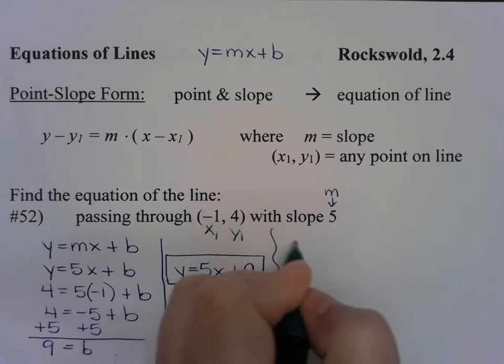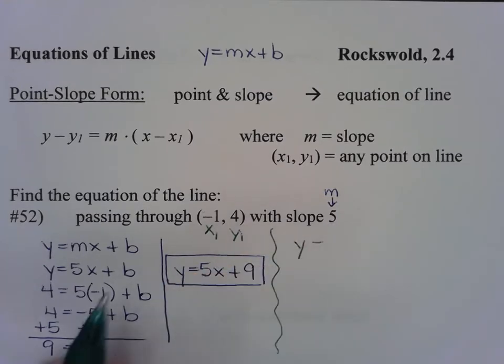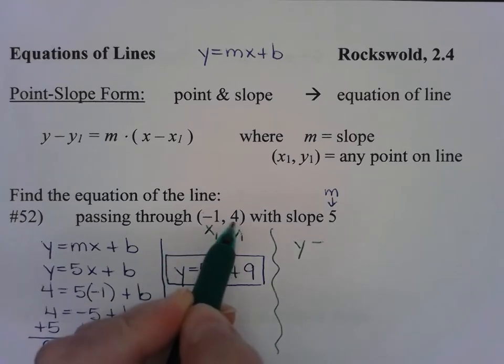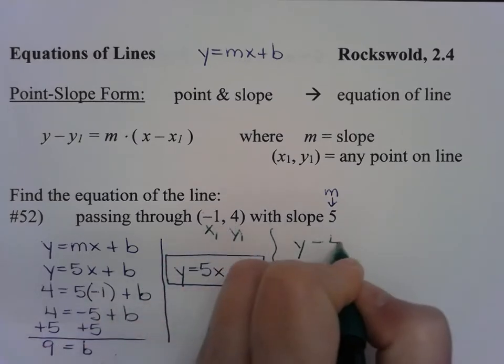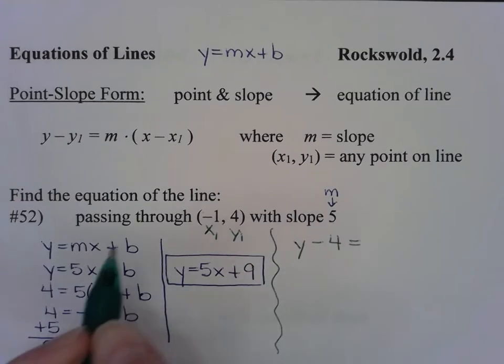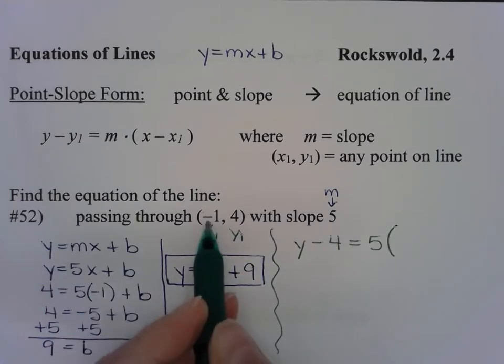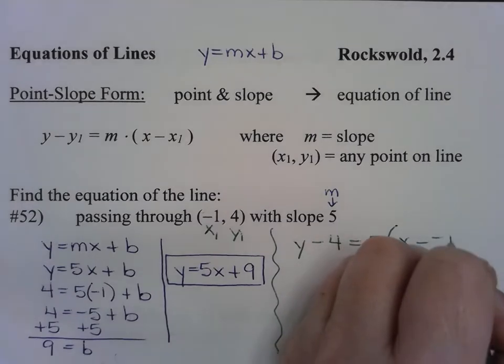It doesn't matter which method you use, you should get the same result. So using the point-slope form, we have y minus y1, which is 4, is equal to the slope, which is 5, times x minus x1. So x minus -1.